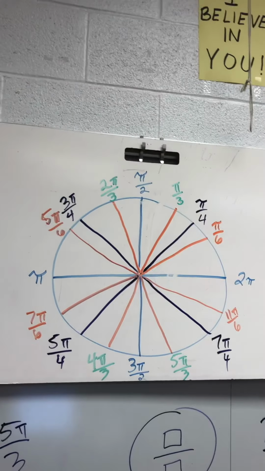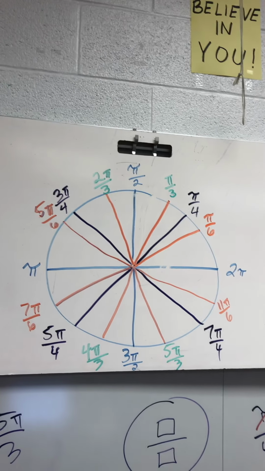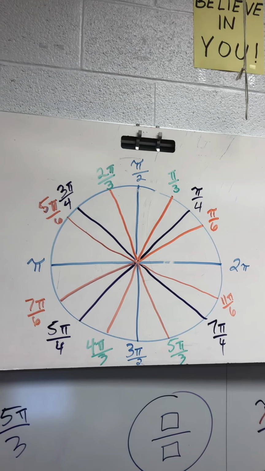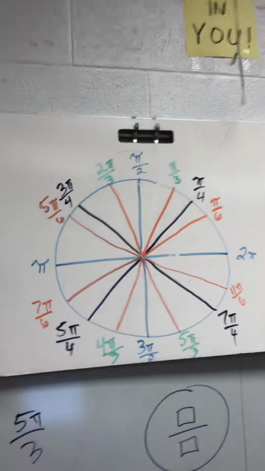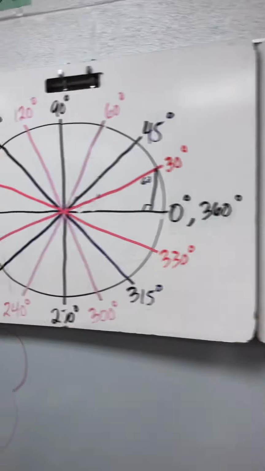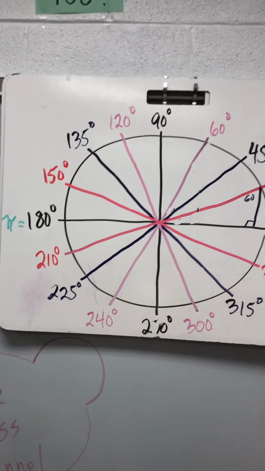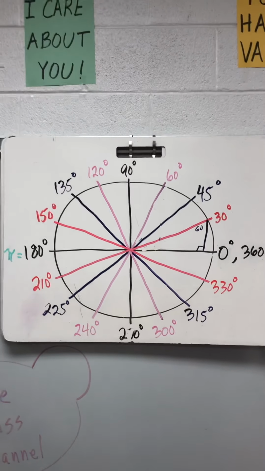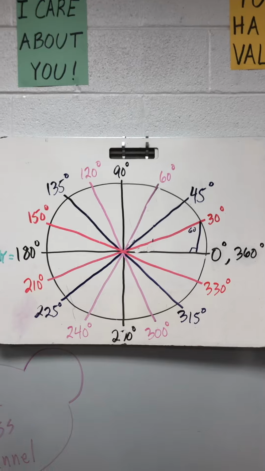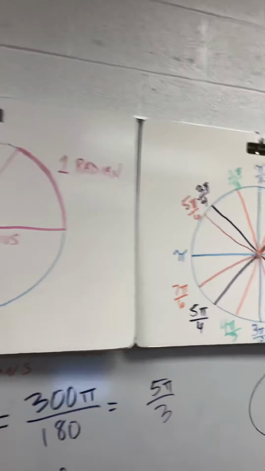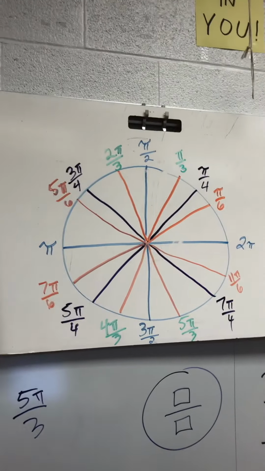And I'm going to ask you to take some time, hit pause, and just look at the rest of the angles that match up with the degrees. In other words, pi is 180 degrees. And all of these degrees match up with all of these, what are called radians.